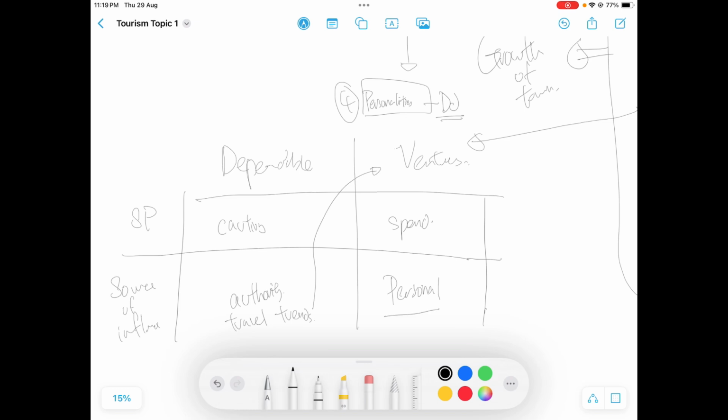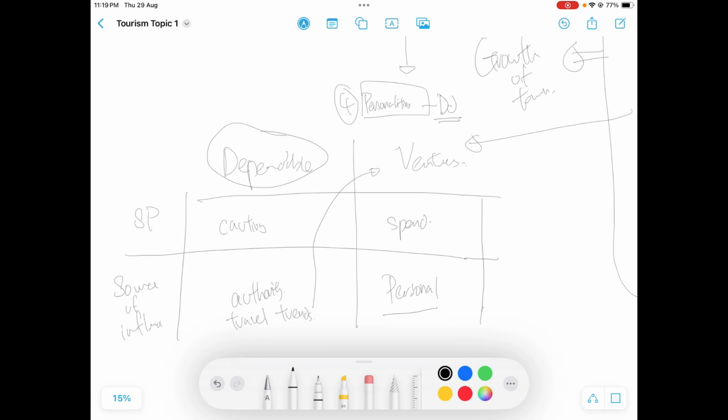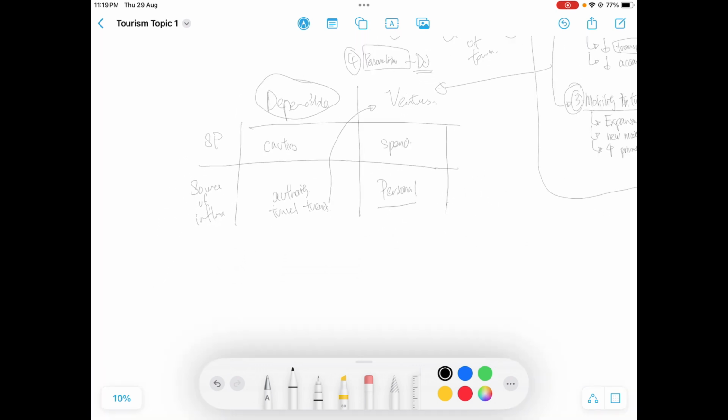For example, last time I used to travel to unusual places, like Cambodia, because I wanted to backpack with my friends and learn about the culture. It was very different when I was a venturer. Why do I say when I was? Because right now I'm a dependable. I have a family. I am more conscious in spending. I look at travel trends and so on.